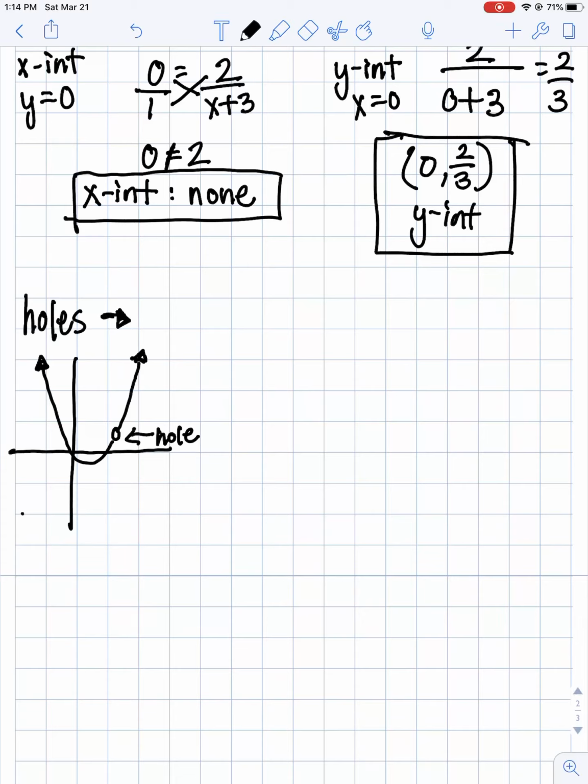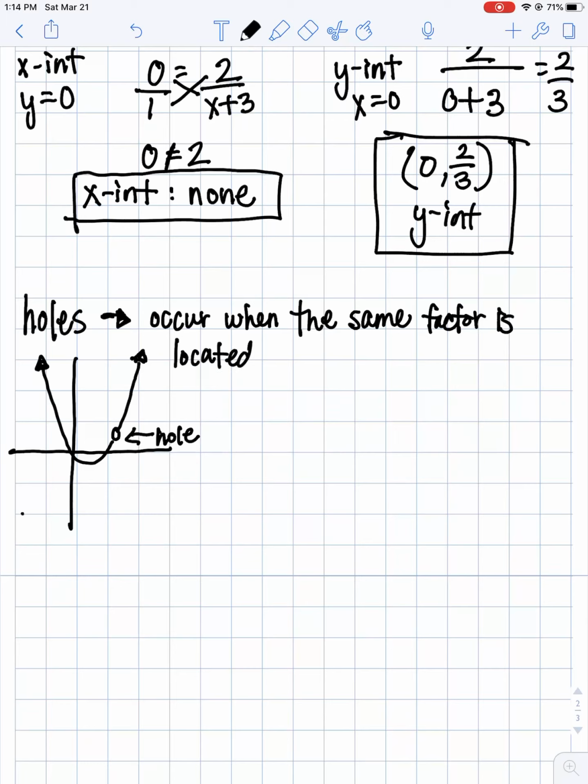And so you may say, well, how do you find holes? Holes occur when the same factor is located in the top and the bottom. And what I mean by the top and the bottom, let me use better math words, located in the numerator and the denominator of our rational function.